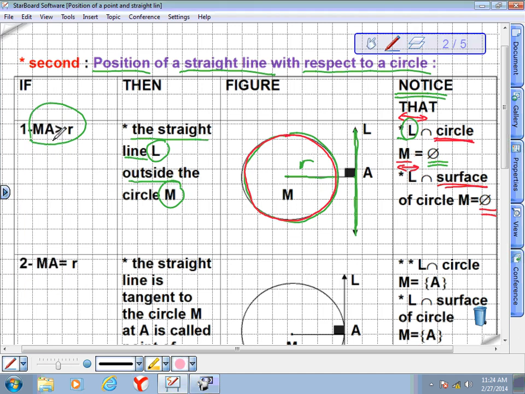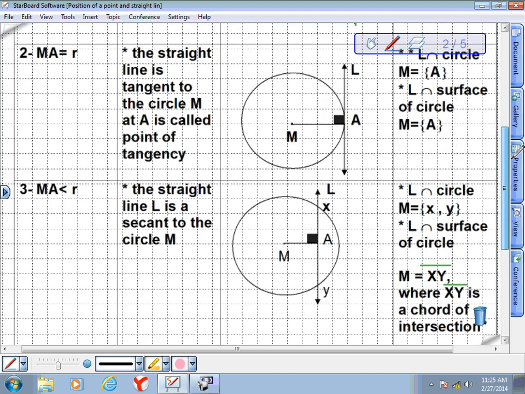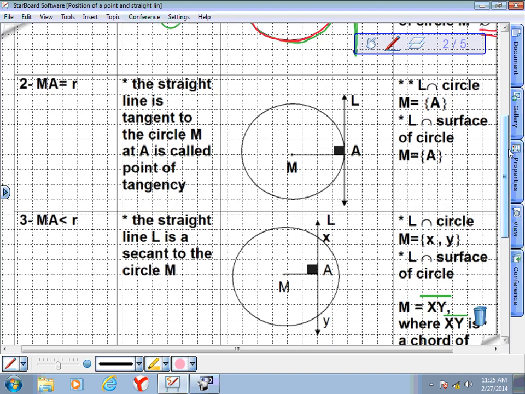The second case that we will talk about will be if MA equals the radius length. That means that the point A here lies on the circle.